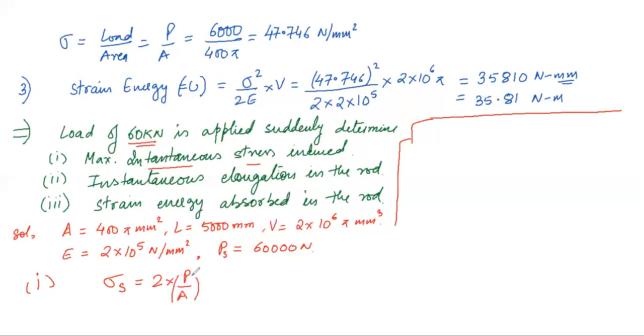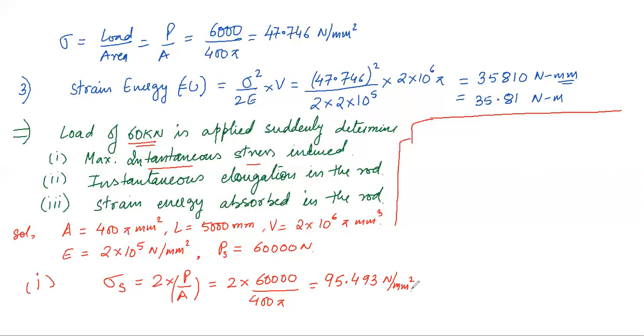So here P by A is the gradual stress, so we can define it as 2 into 60,000 divided by 400 pi. It means the stress induced when you have a suddenly applied load is equal to 95.493 Newton per mm square, right?